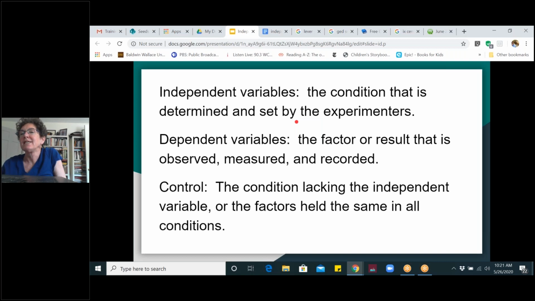And we're trying to see, did the growth depend on whether or not the plant got fertilizer? Let's say at the end of the experiment, group B was much bigger, much taller, much fuller than group A. What would we conclude? We would have concluded the fertilizer, and the other factors, the water.